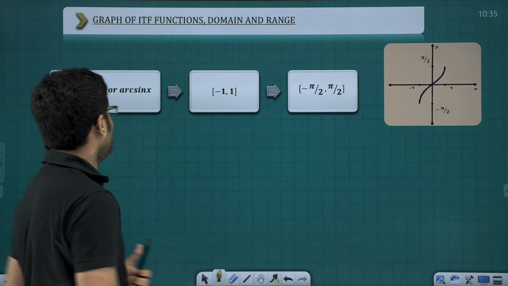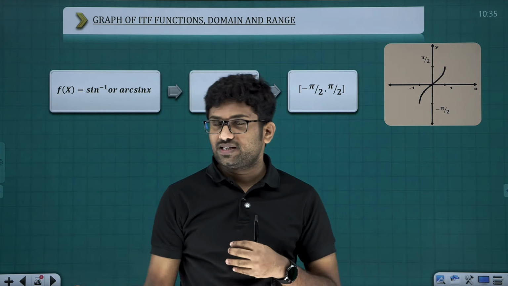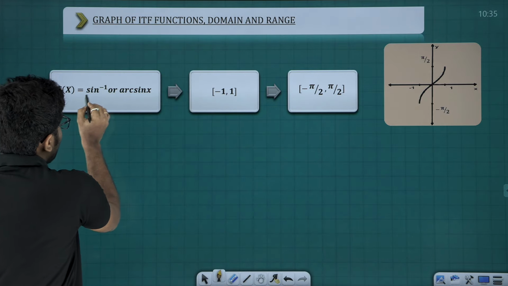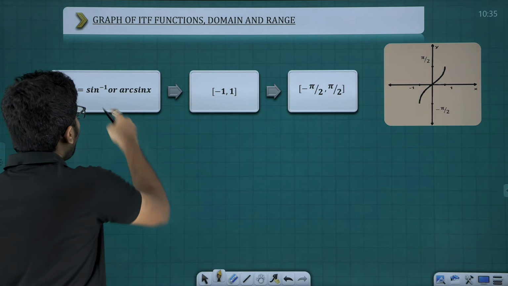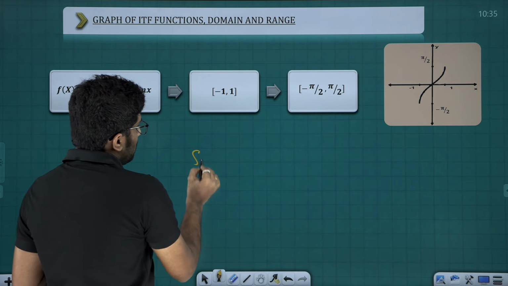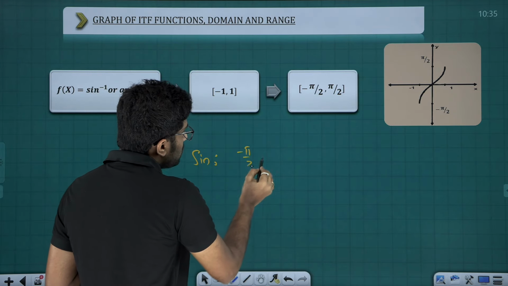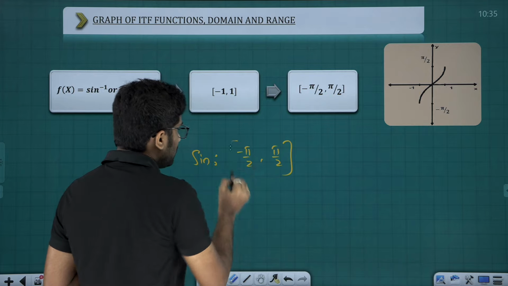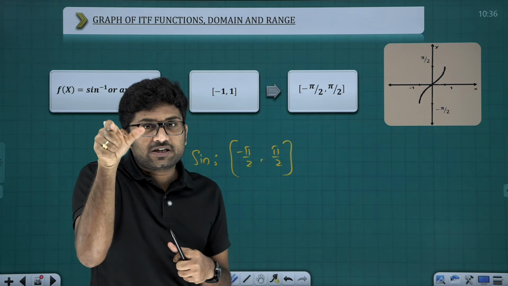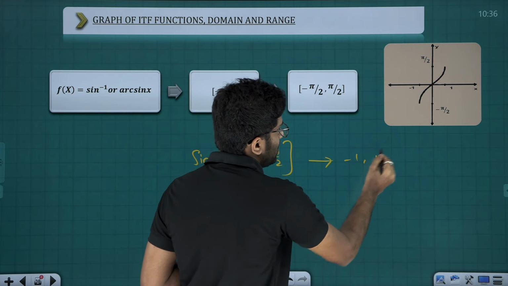Ranges, we'll see. Starting with the sine inverse function, or you say arc sine function, both are same. Generally we denote sine inverse as sin^(-1) x, arc sin x. So now sine, when it is mapping from closed −π/2 to π/2. The domain of sine is capital R, but we have restricted the domain of sine to −π/2 to π/2. The range is as usual, closed −1 to 1.